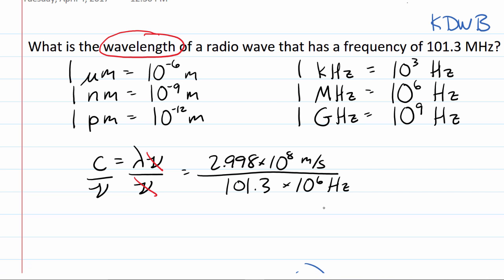Units still aren't canceling until we remember that a hertz is the same as a reciprocal second. So if we replace hertz with reciprocal seconds, we should now see that these reciprocal seconds are going to cancel out. That's going to leave us with units of meters.